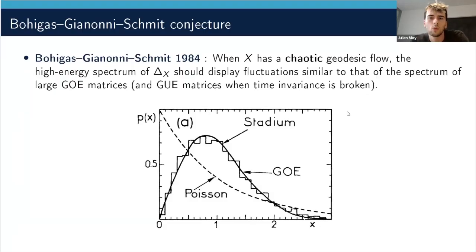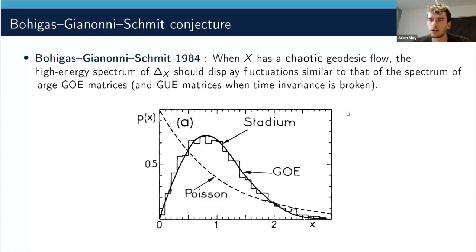But in our setting, what they suggested is that in the situation where X has a chaotic geodesic flow, the high energy spectrum of the Laplacian should display fluctuations that look like those of large random matrices. We'll explain this in the following. The conjecture is expected to hold in the regime of high eigenvalues.